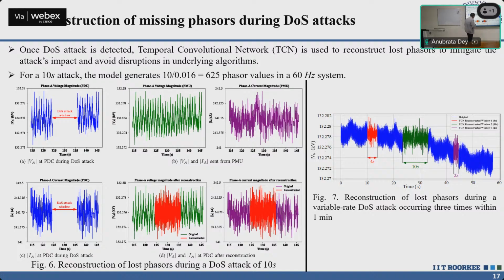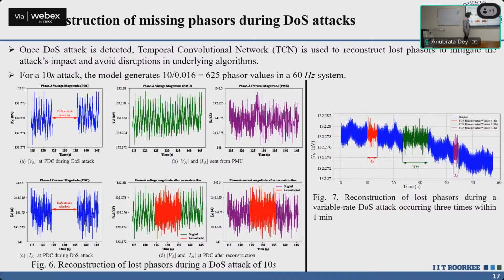For the reconstruction part, as a case study, I have used this TCN, the temporal convolution network. You can use anything else, like LSTM and many other things. So if you wish to reconstruct the phasors which were not available, though the PMU is sending them, but at the PDC end they were not available. For example, let us consider the DOS attack is for a period of 10 seconds.